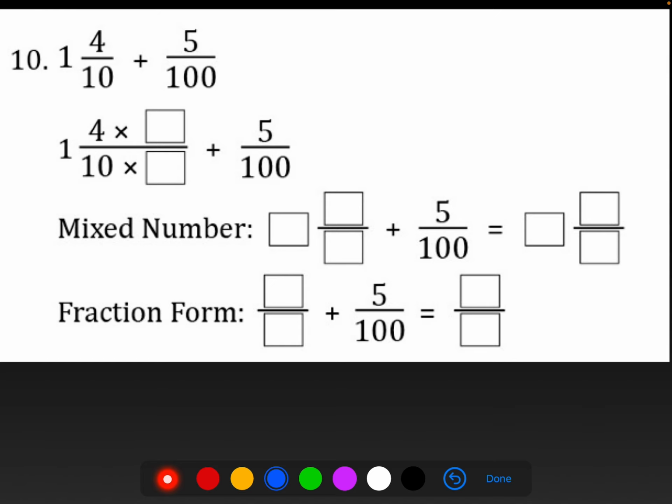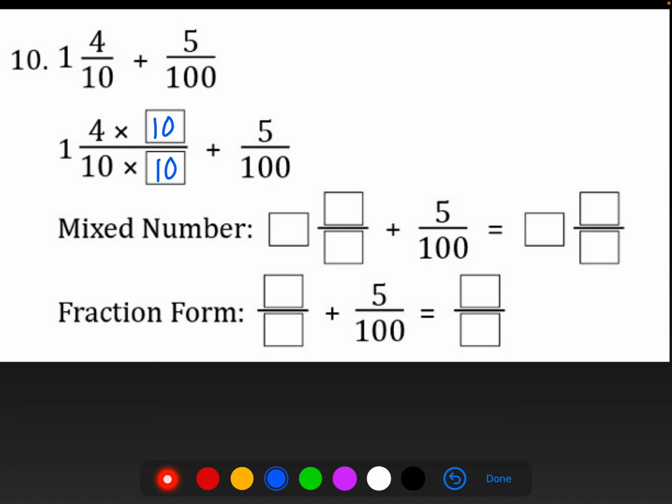1 and 4 tenths plus 5 hundredths. Well, what we do to the top number, we do to the bottom number as well. So we've got to times those by 10. Okay, now we've got 10 times 4. 10 times 4 is, once again, going to be 40.